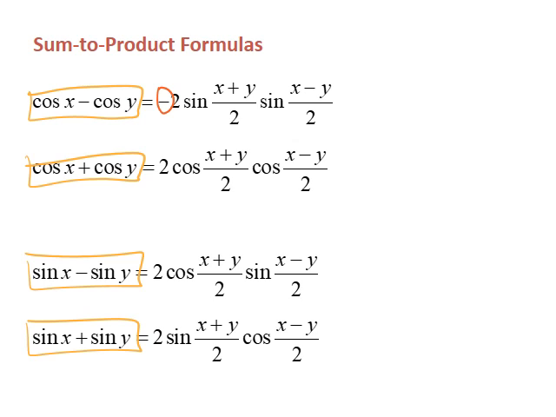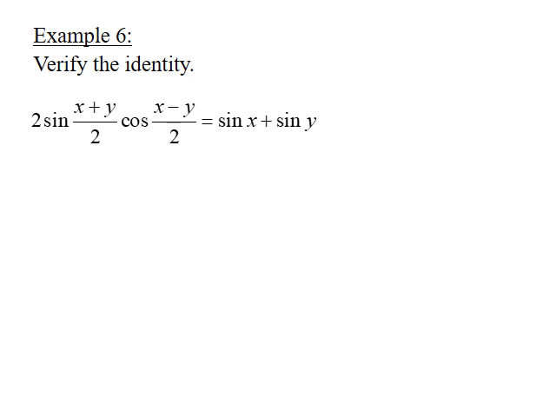All right, so let's go ahead and use these to verify this identity. I'm going to start with the left-hand side, and I'm going to let this be u and this be v.